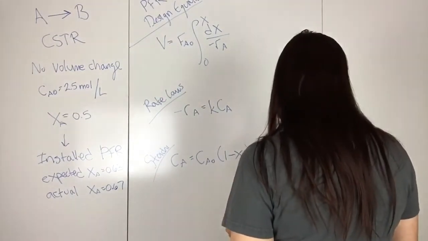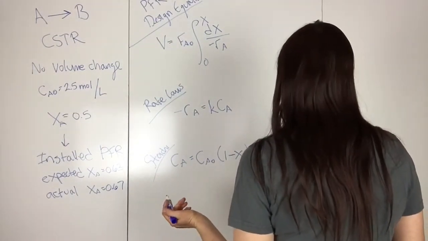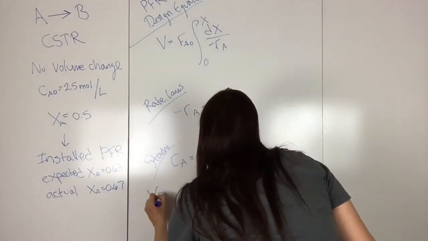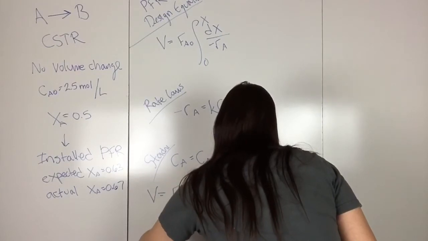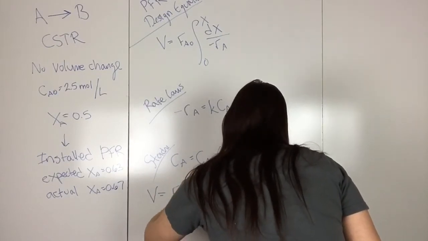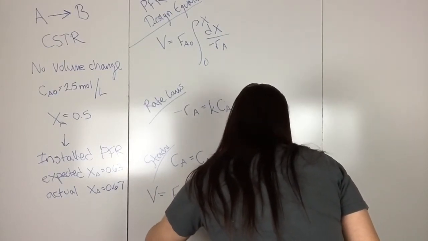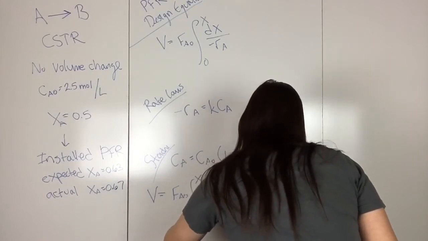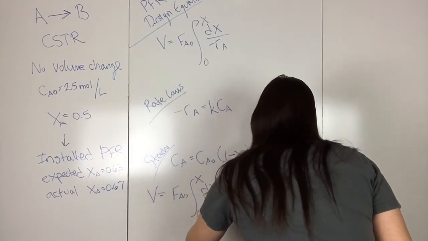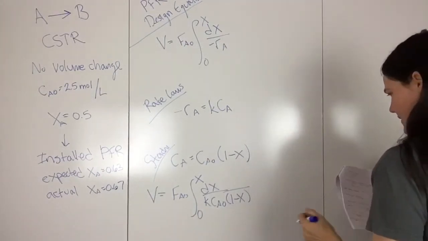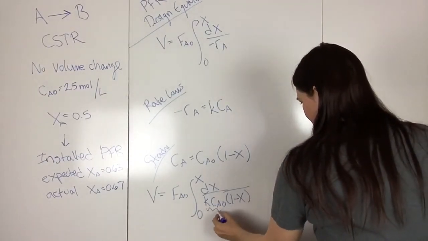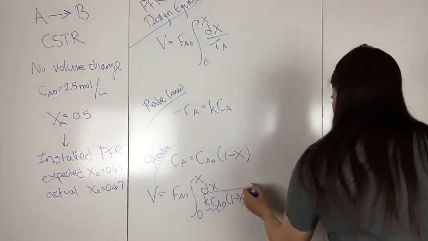And so then if we combine this, we get V is equal to F_A0 integral from 0 to X of dX over k C_A0 (1 minus X). And so then we can pull these out.